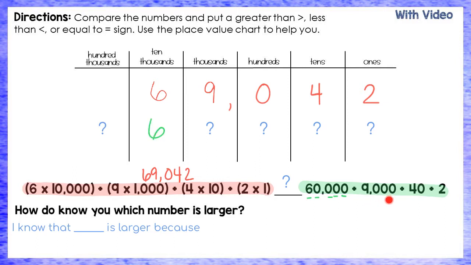Then we look at 9,000. 9,000 tells us that the 9 goes in the ones, tens, hundreds, thousands place. Then we have 40. 40 tells us that the 4 goes in the ones, tens place. And the 2 by itself has to go in the ones.